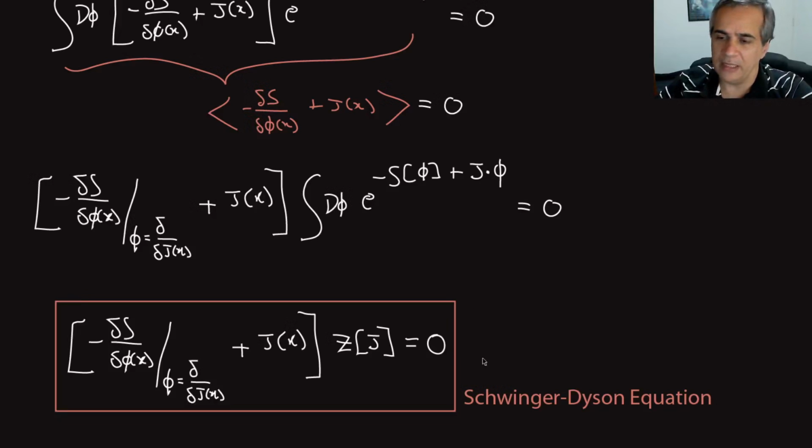Right? And this is almost trivial, the way we did it here. It's almost just a mathematical identity. But this is not the way it was derived for the first time. The way this was obtained the first time was not just as one equation, but instead as many different Schwinger-Dyson equations, that's why you usually see these in plural, which were relations between diagrams, which were not trivial at all.